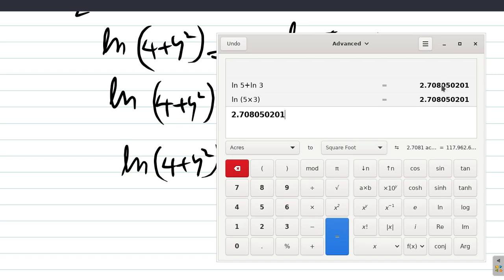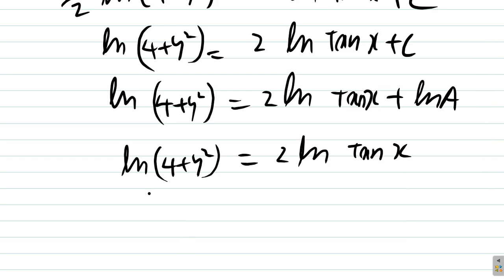You get the same thing, right? So that's just a reminder there. So what we have is ln tan x plus ln a, the same as ln of a tan x. We keep the 2 there.